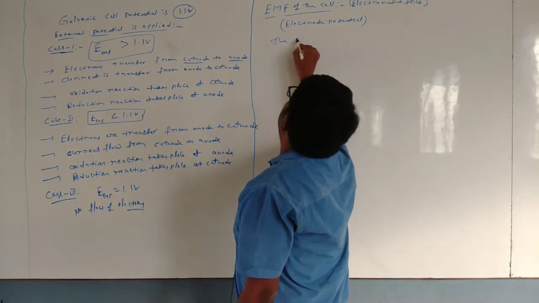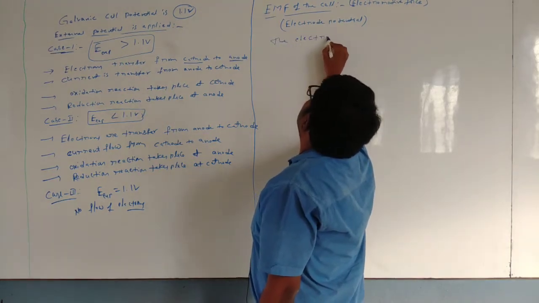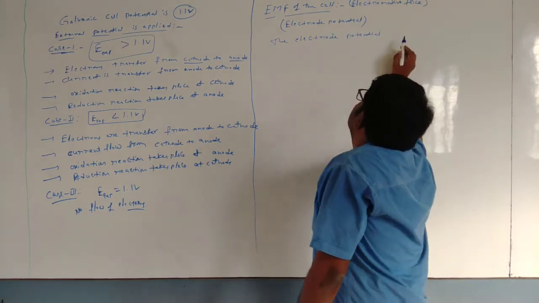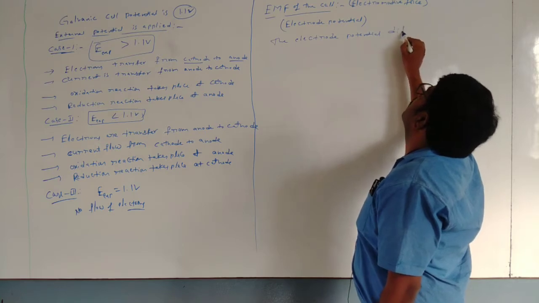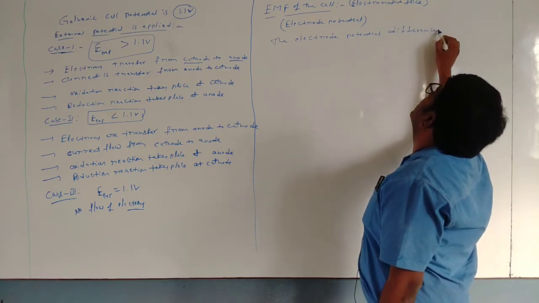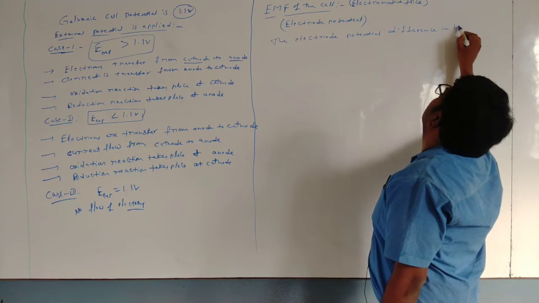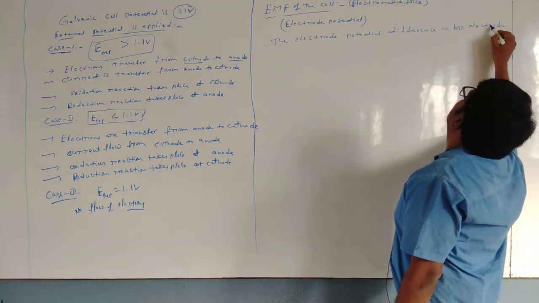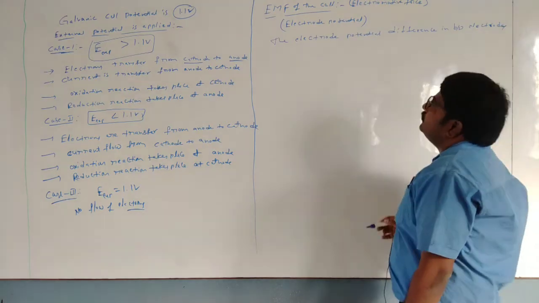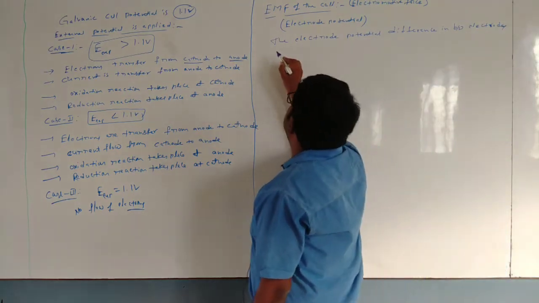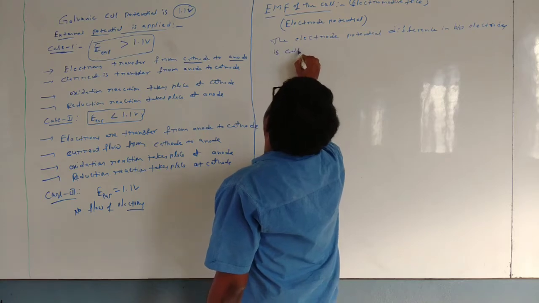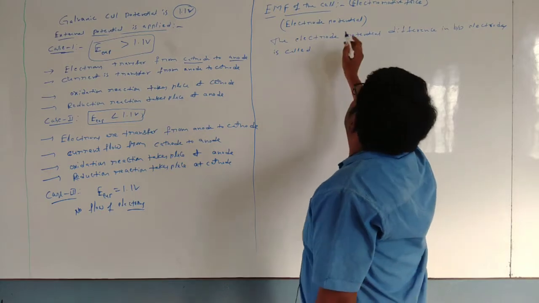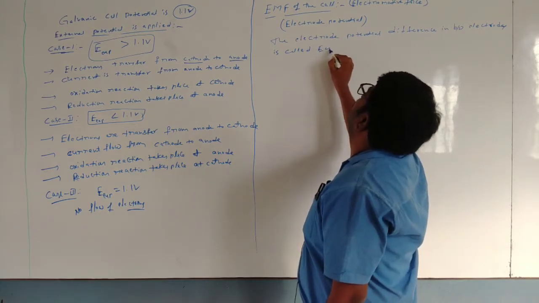So the potential difference between electrodes is called electrode potential, that is, electromotive force, EMF.